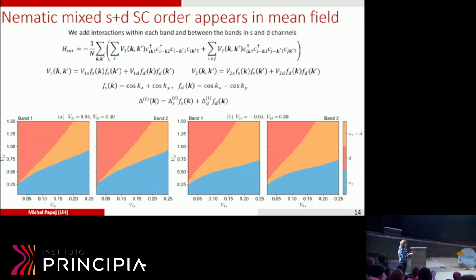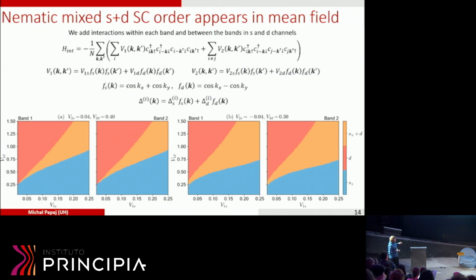Obviously, we could have more of them to be precise, but this was enough, I guess, to illustrate what we have here. And on the right, we have the labels for the diagram. So we can have our pure S, pure D phases, but we can have S plus D in some cases when we have this interband interaction. So we have this region in which S plus D phase exists.